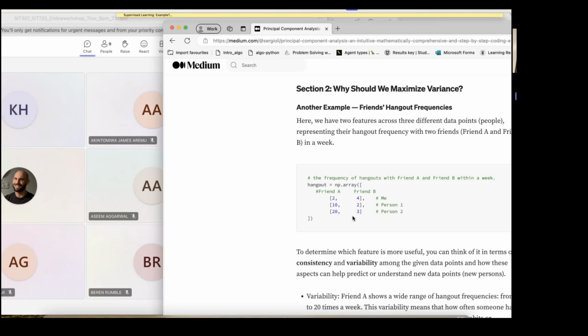No. Hang out with friend B more, but actually I don't care about these 3 persons now. I just want you to look at these 3 lines. I want you to choose one friend: which friend will better indicate whether a new person will be outgoing or introverted? Right, my bad. No, I know it's not clear.